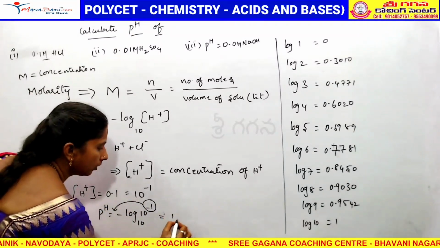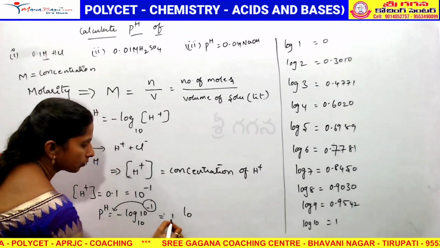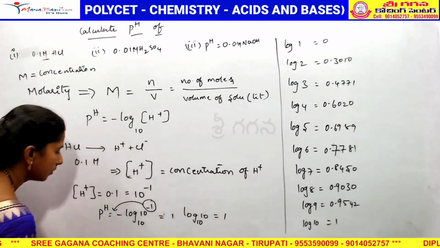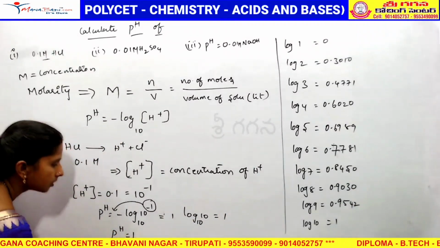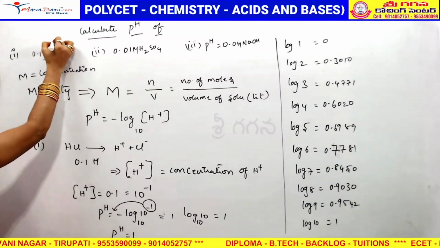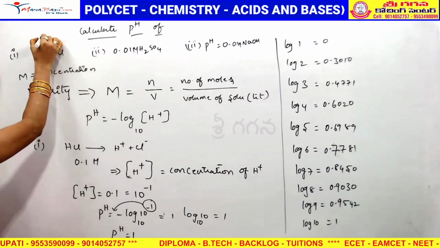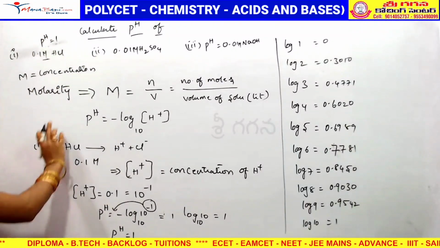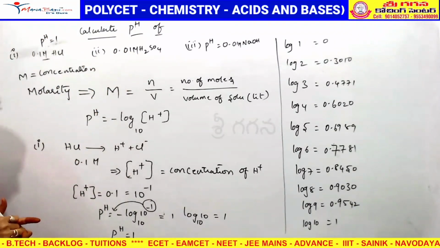So minus of minus, plus 1 times log 10 base 10. Then pH is equal to 1. That is the answer for the first question: pH is equal to 1. Understand? I am going to rub this out and do the second problem.